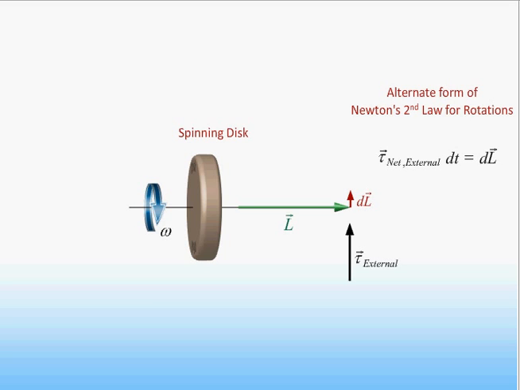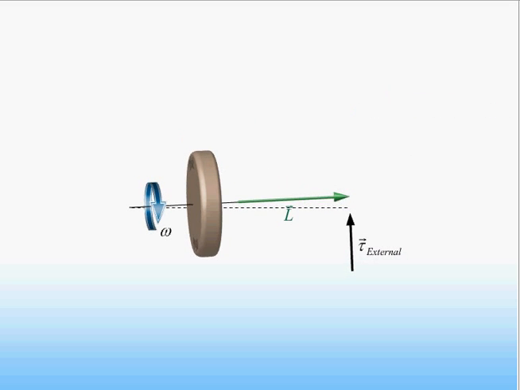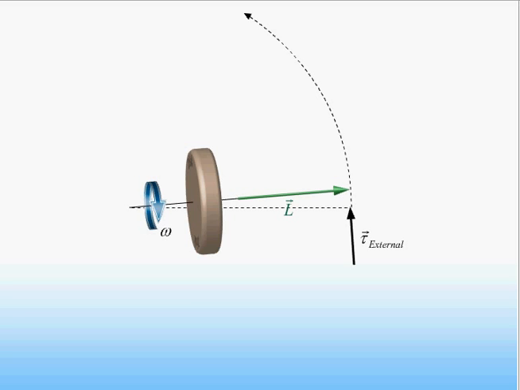When we add this vector to our original vector, we see the direction of the new angular momentum vector has changed, but its magnitude has not, since its magnitude must still be equal to the angular momentum of the spinning disk about its axis. The axis of the disk has simply turned a bit in the direction of the applied torque. As long as the torque is being applied, the disk will continue to turn. We call this motion of the axis of the disk precession, and we will treat it quantitatively on the next slide.